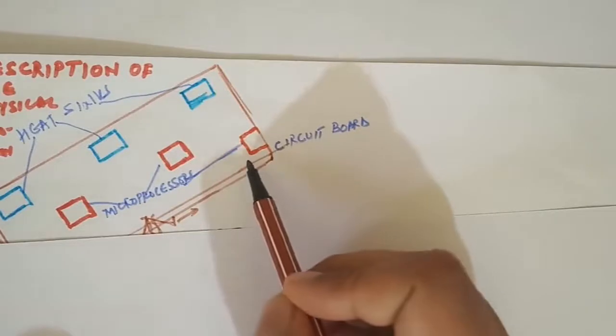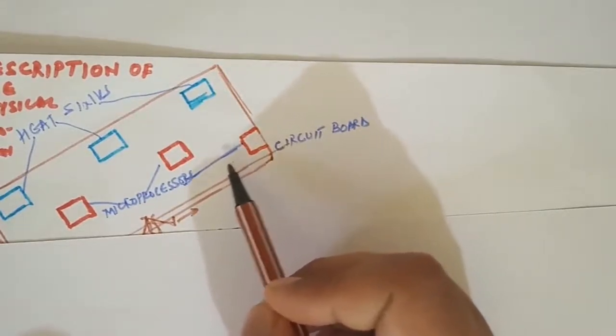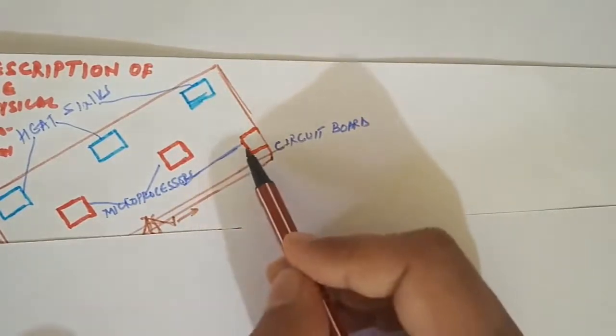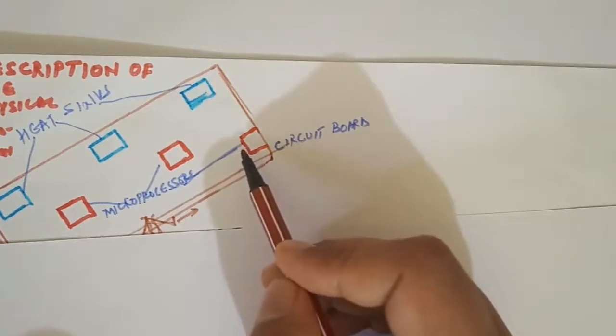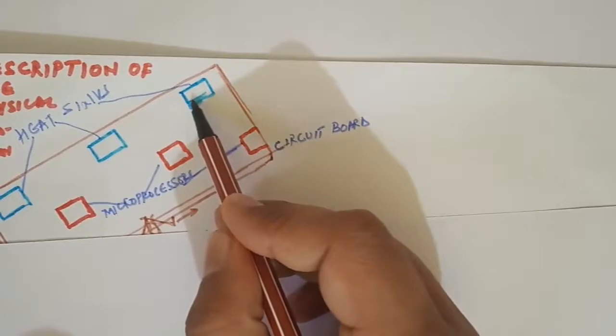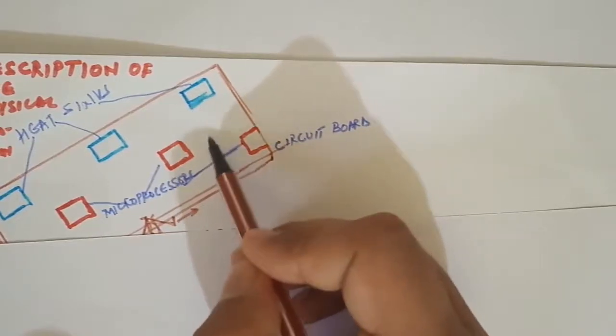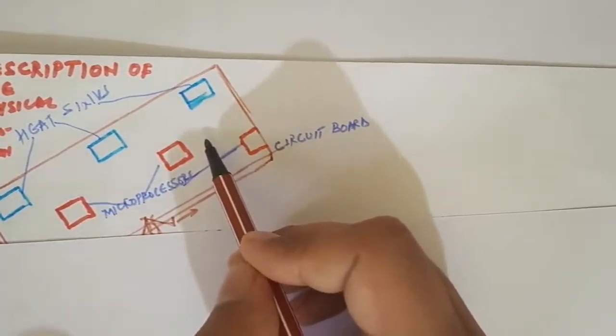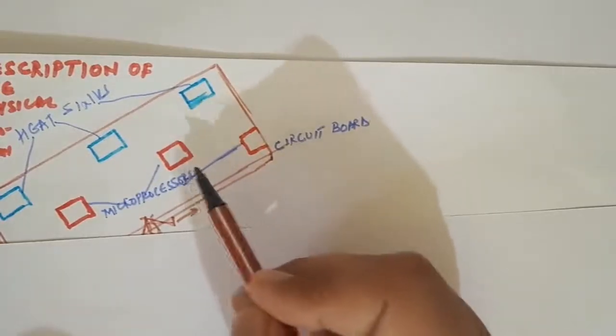That is, the microprocessor during its operation generates heat, and that heat is transferred to the sink through this heat spreader material, that is copper, because of its high thermal conductivity.